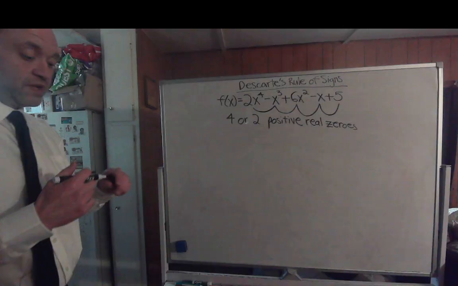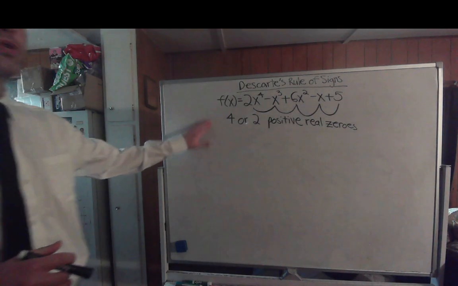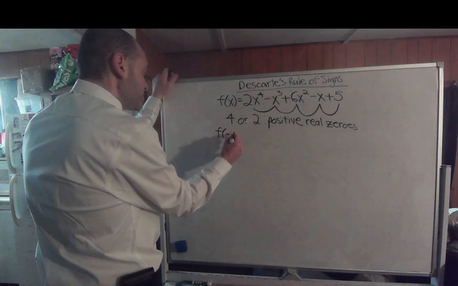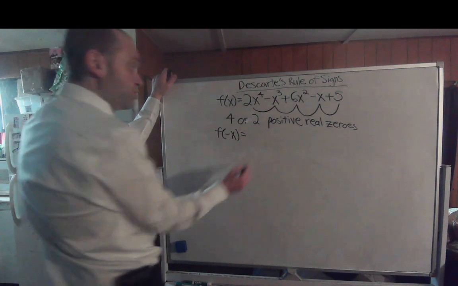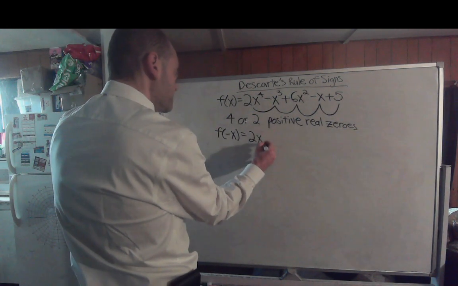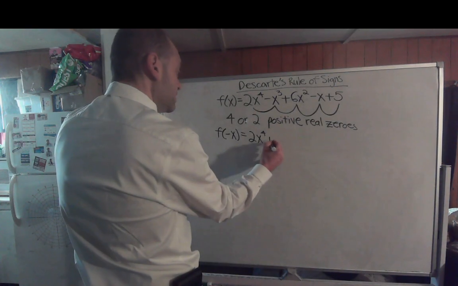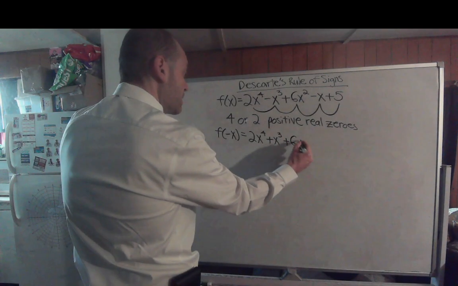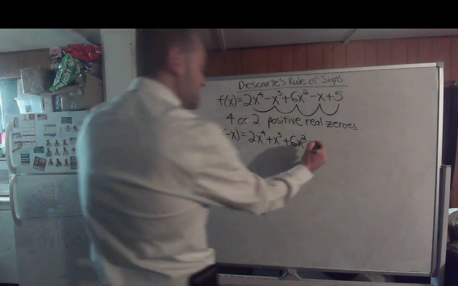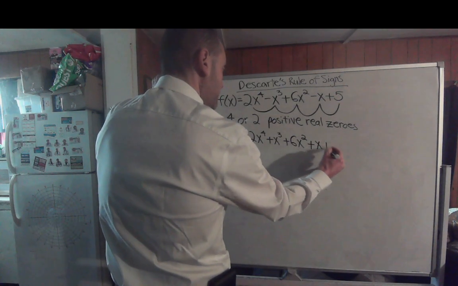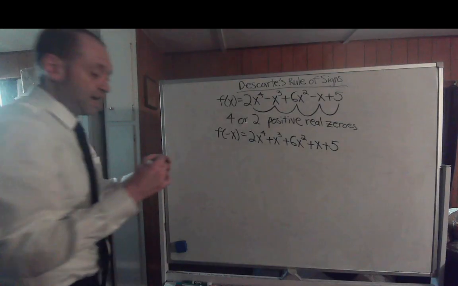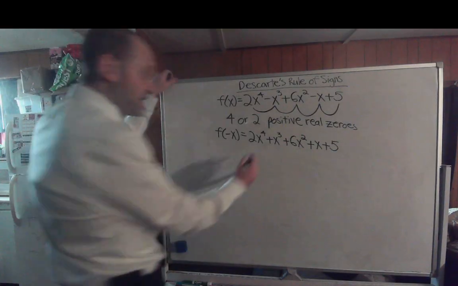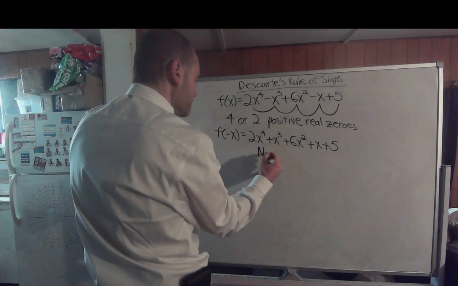Now, to find the number of negative real zeros, what you have to do is take f of negative x, which at this point is going to give you 2x to the fourth plus x to the third plus 6x squared plus x plus 5. And if you look at f of negative x, every single term is positive. So in this case, there are no negative real zeros.